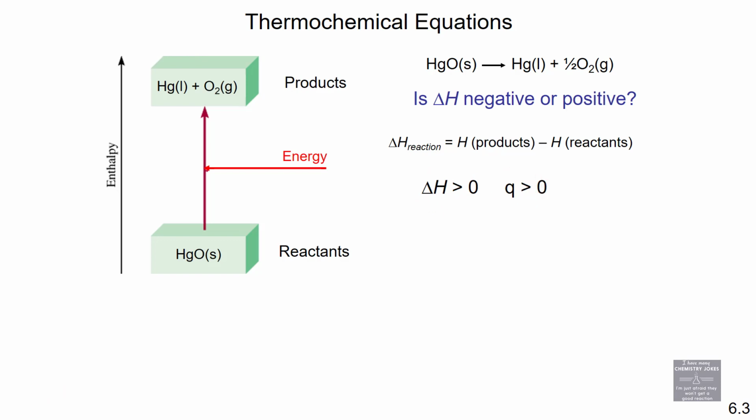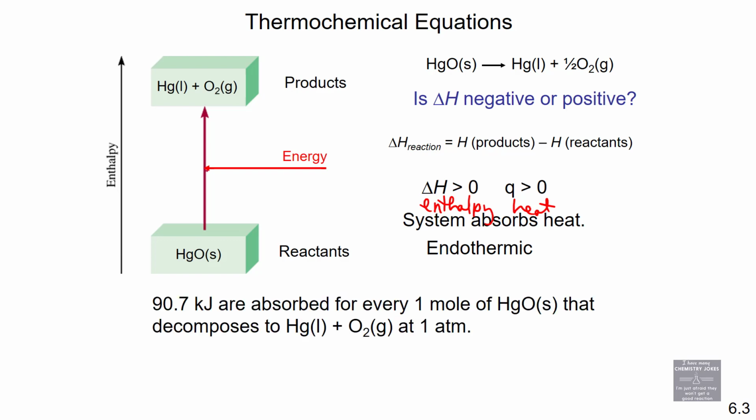If delta H is positive, it's also going to mean that Q is positive. Remember, what's the difference in these? This is enthalpy, and this is heat. It absorbs heat energy from the surroundings, wherever it's at. Endothermic overall. You can put actual numerical values to this and say there are 90.7 kilojoules absorbed for every 1 mole of HgO(s) that decomposes to form this at constant pressure.